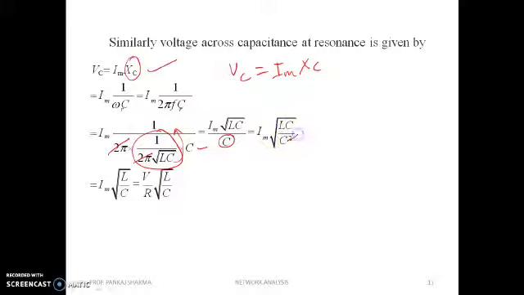Once C gets cancelled out, it will become VC is equal to Im into root under L by C. Put the value of maximum current, that is V by R into root under L by C, or this can also be written as V into under root L by C R square.